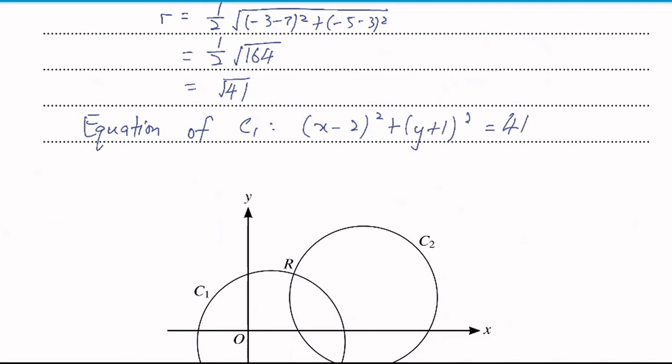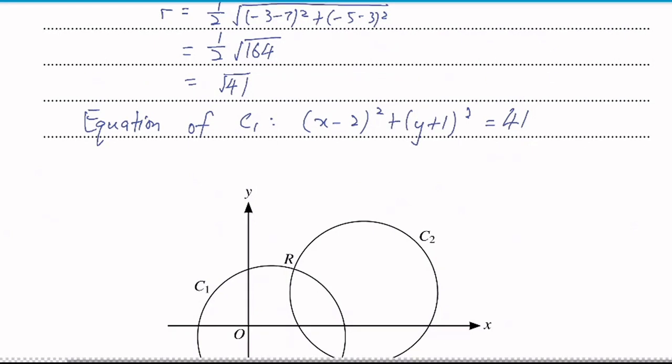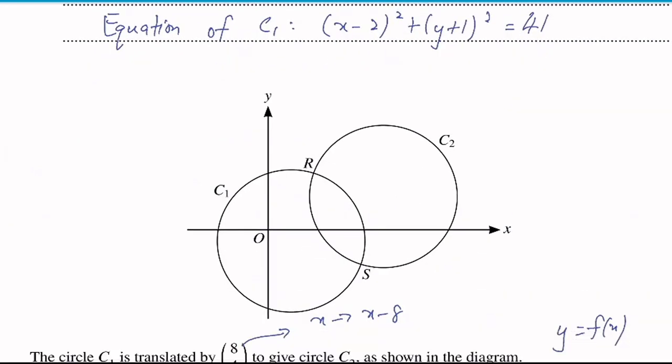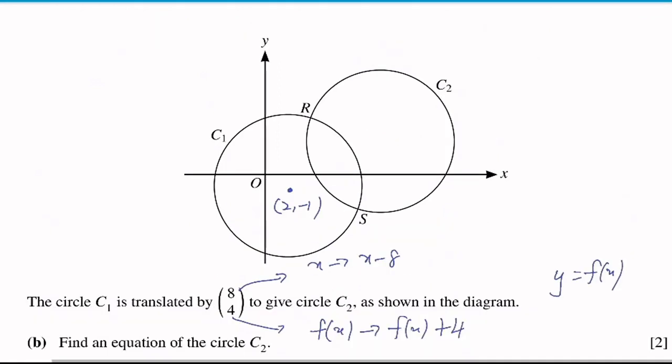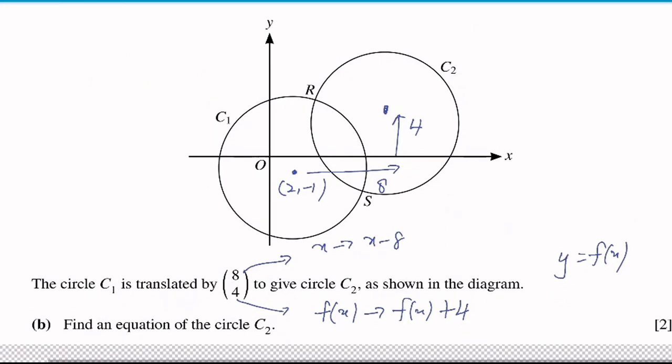Super dangerous. The most straightforward way to look at it is that when we translate the circle, we are actually translating the center. C1 has the center (2, -1). When we translate that by (8, 4), the center becomes here already. Because it is just a translation, the radius is unchanged.